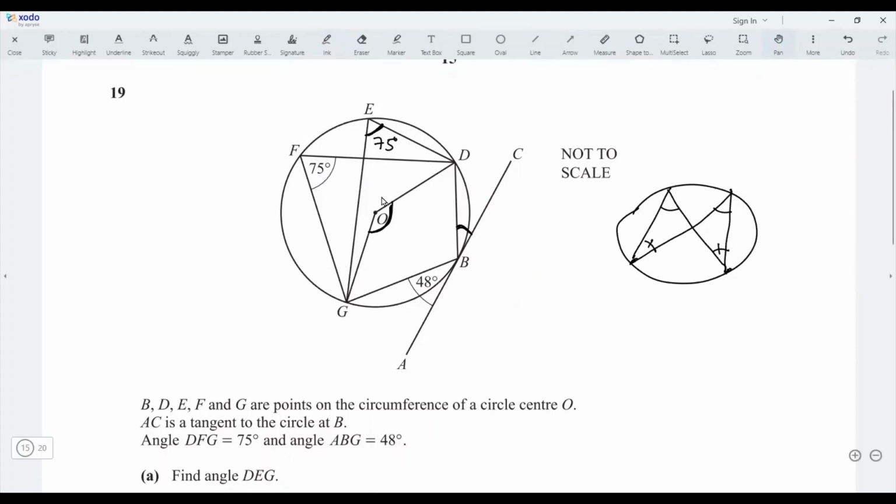In a cyclic quadrilateral, angle DFG and the angle opposite to it, which is DBG, these two angles must sum to 180 degrees. So opposite angles in a cyclic quadrilateral are supplementary. So if it is 75, then 180 minus 75 is the answer for angle DBG.